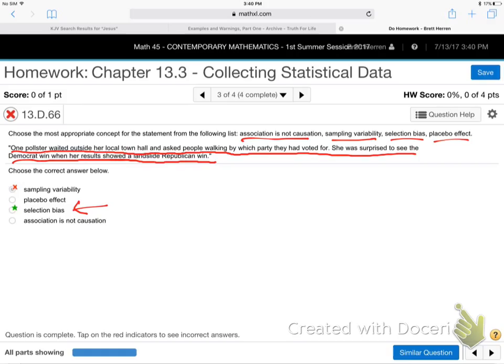Remember they gave Florida to Gore. They said Florida's got Gore, and Gore wins. And then it was like, oh, well, we're not sure now. And then they kind of backed up, right? Because they were getting exit poll information that was wrong based on this kind of thing. So that's a selection bias. They were getting biased results based on the way they were getting their information. So this is tricky.